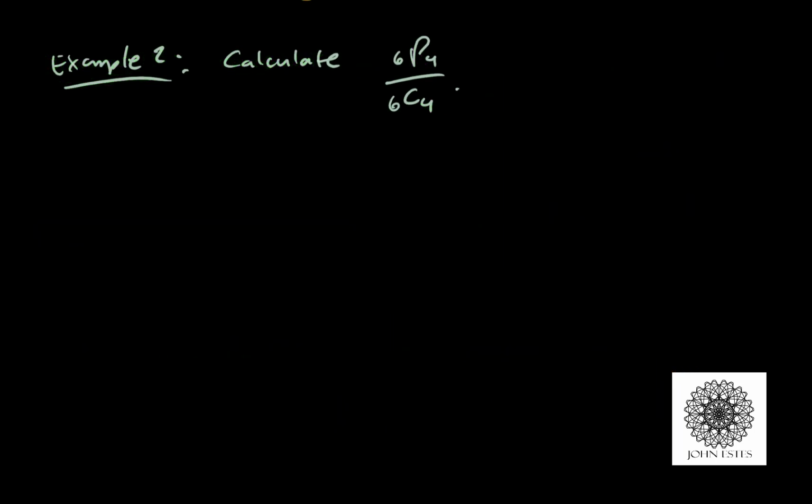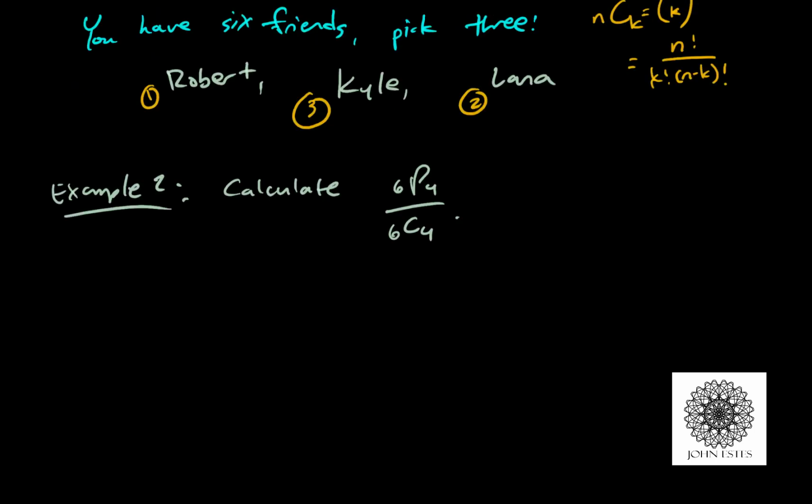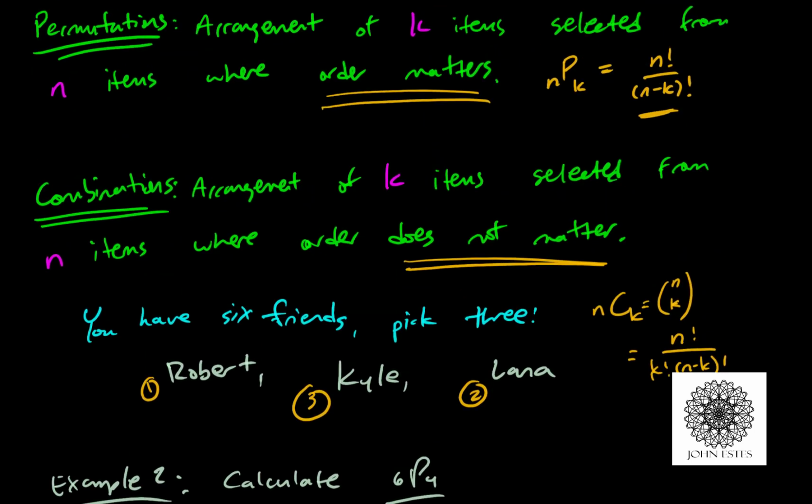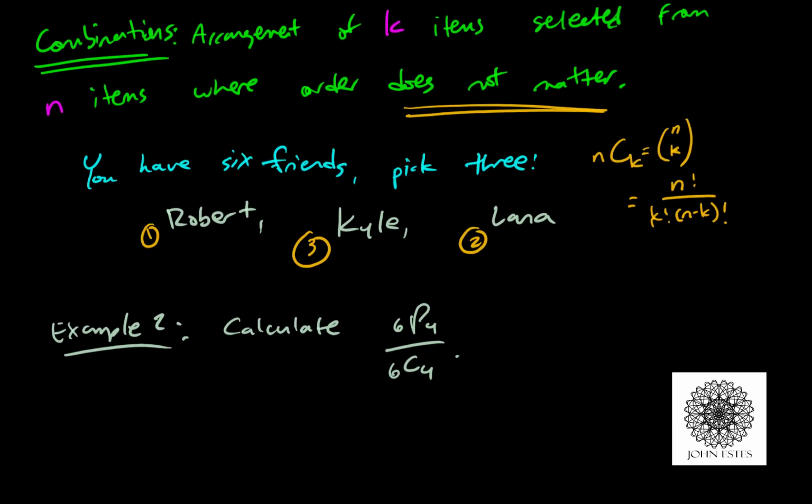All right, so we just want to learn how to manipulate permutations and combinations. So look at this. We want to calculate 6P4 over 6C4, okay? So I'm just going to plug in according to my definition. Remember, the number of permutations is n factorial divided by n minus k factorial.